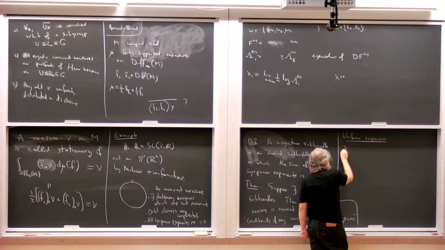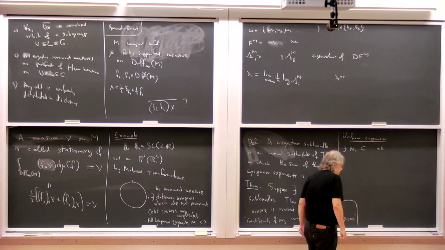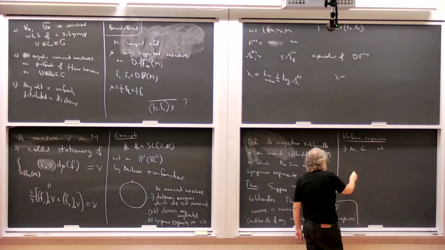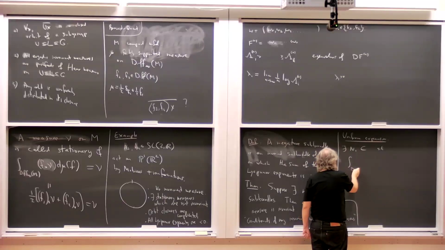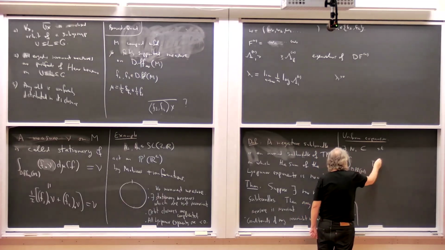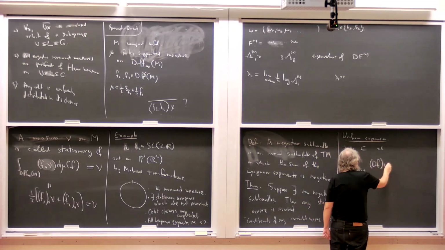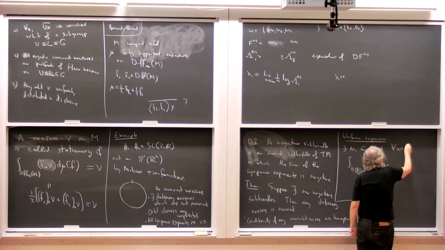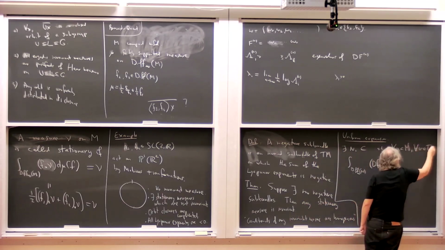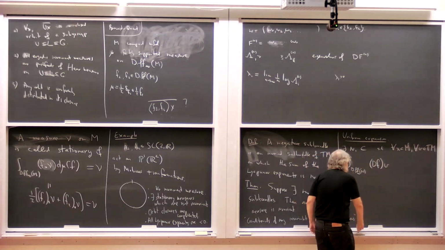This is the condition: there exist N and C such that if I look at the integral, I always feel silly writing this kind of stuff, for all x in my manifold and all tangent vectors. If I look at, sorry, I have to give myself a little bit more room.